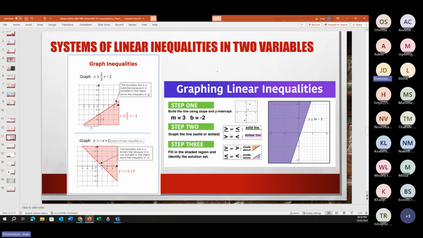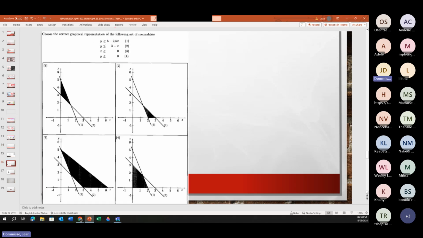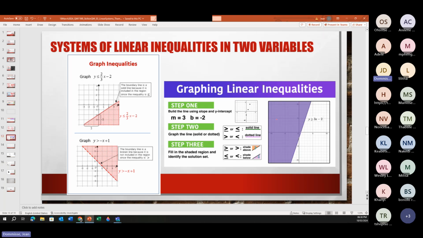So they might give you a question like this and say you need to solve it, or they might give you the set of inequalities, and tell you here are a few graphs and you need to solve and say which one of the graphs is the best visual representation of the inequalities.